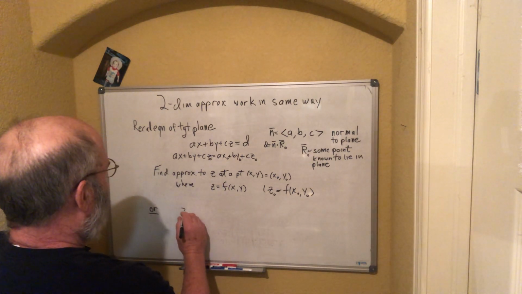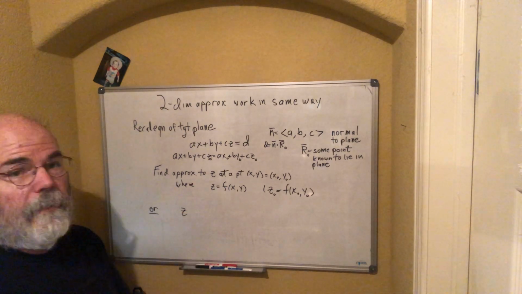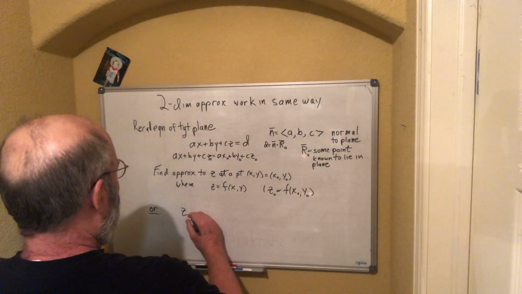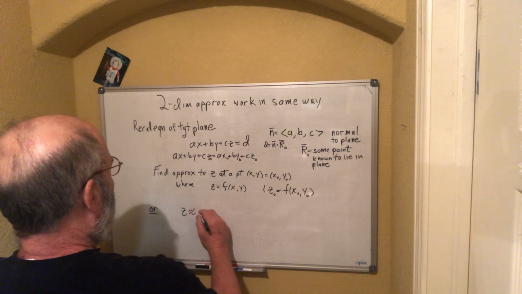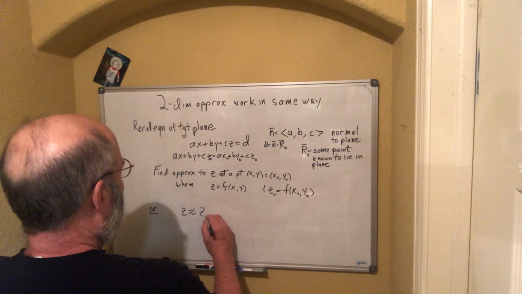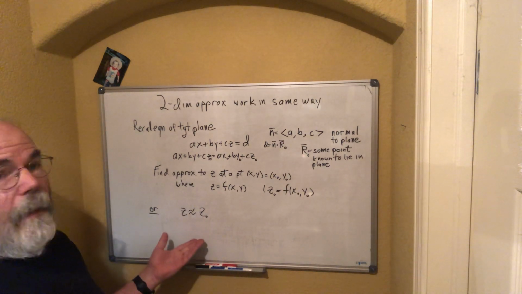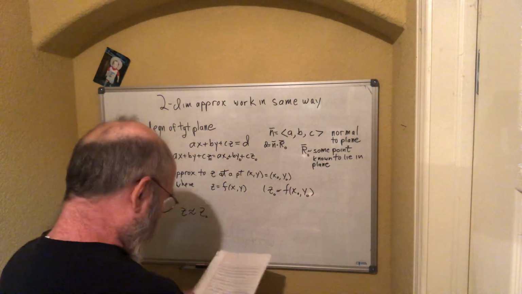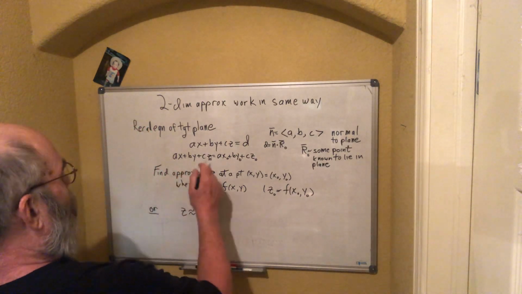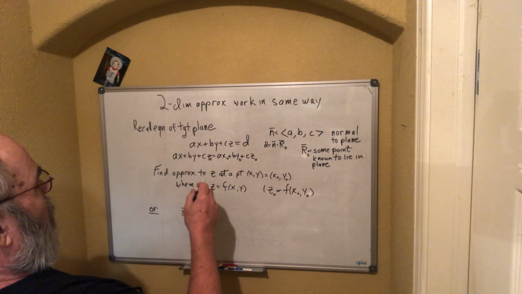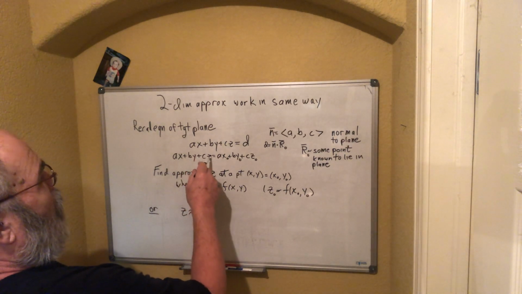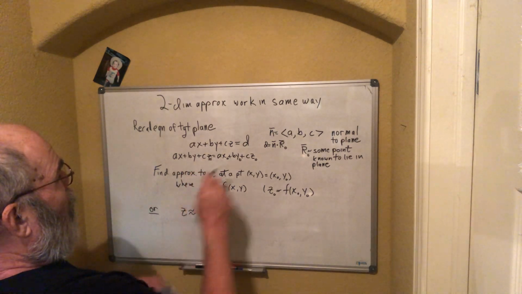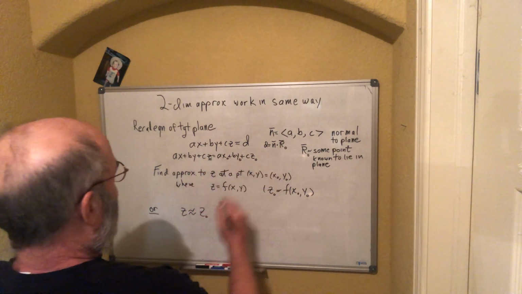But it comes out this way: the approximation for the number Z that we're looking for is about equal to the value of Z at the reference point near where we're looking. What I'm basically doing is taking this equation and solving it for Z, and what you end up with is this.